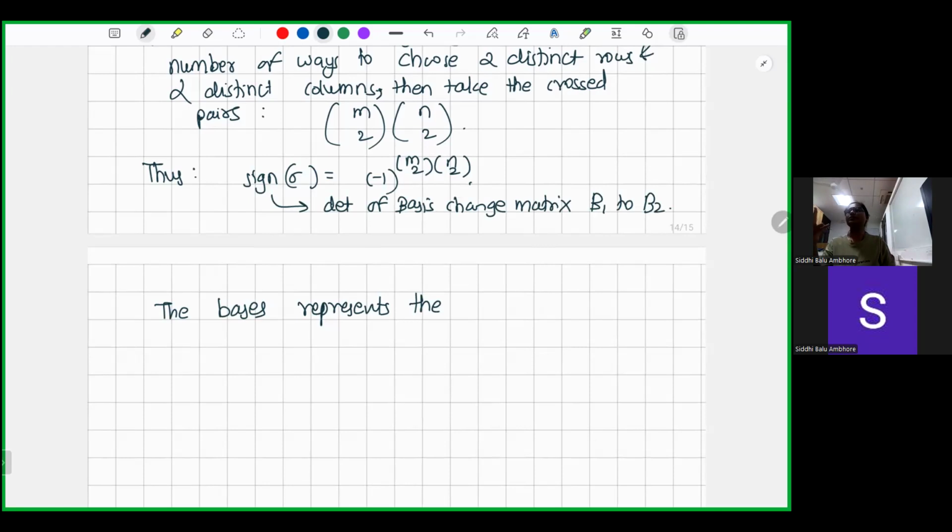Okay, beta 1 and beta 2 is just shuffling. So the corresponding basis change matrix is just the corresponding permutation matrix in the rows.